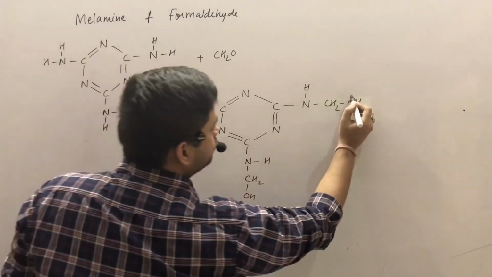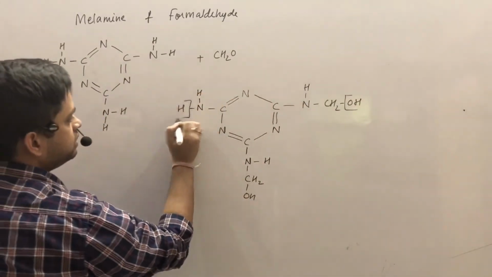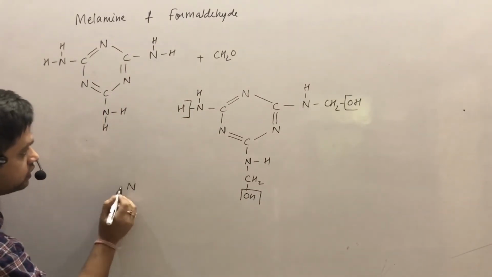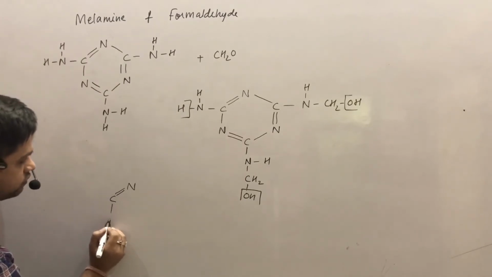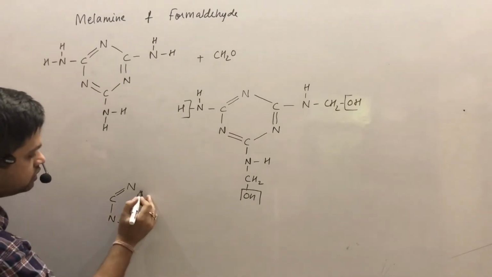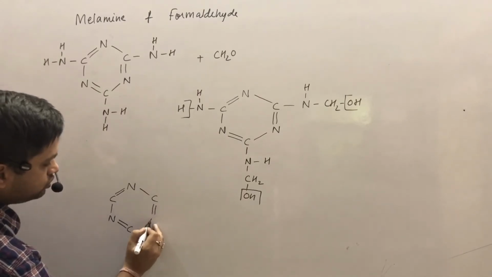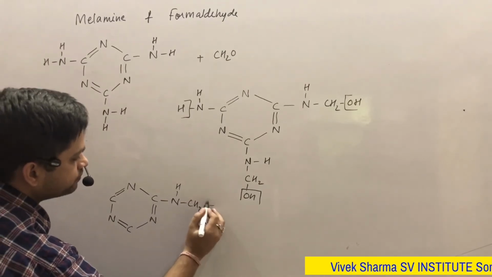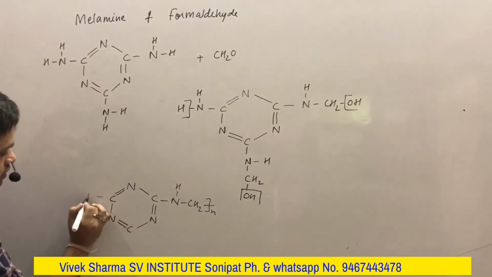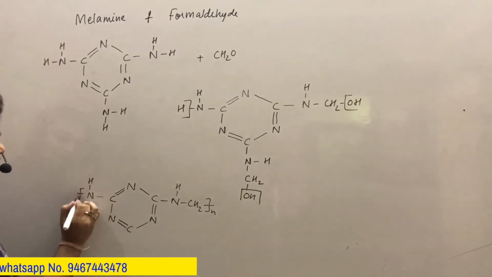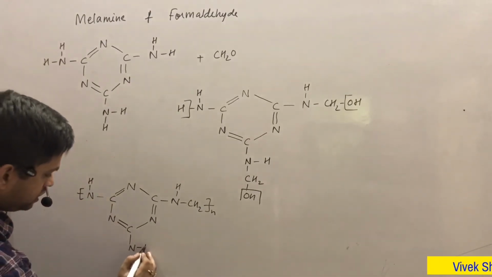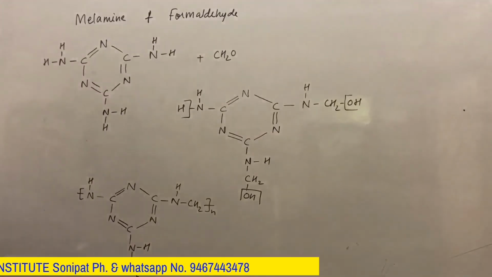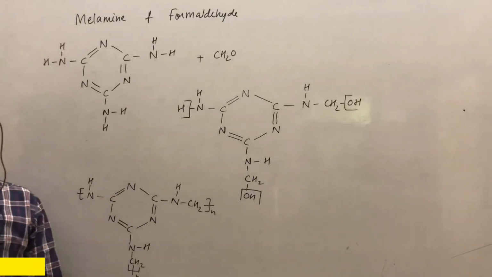And with the elimination of water molecule, OH from this side and H from this side, OH from this side and H from another one, it leads to formation of the polymer, that is melamine polymer. Again, melamine polymer is a cross-linked polymer where chains are attached through this CH2 bond. So this is melamine polymer, the last resin.